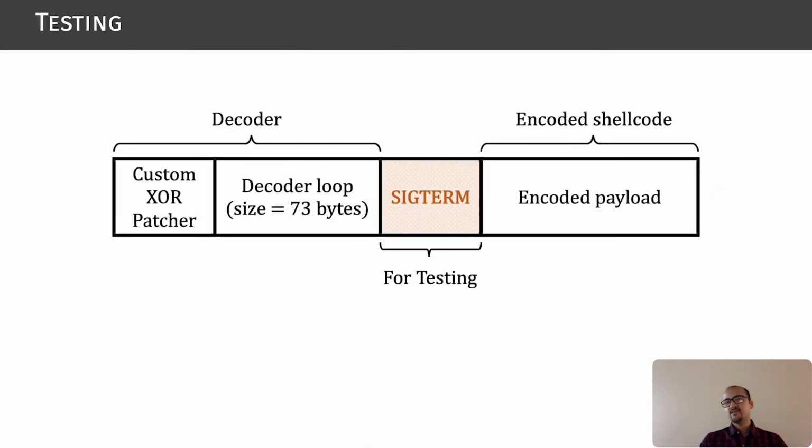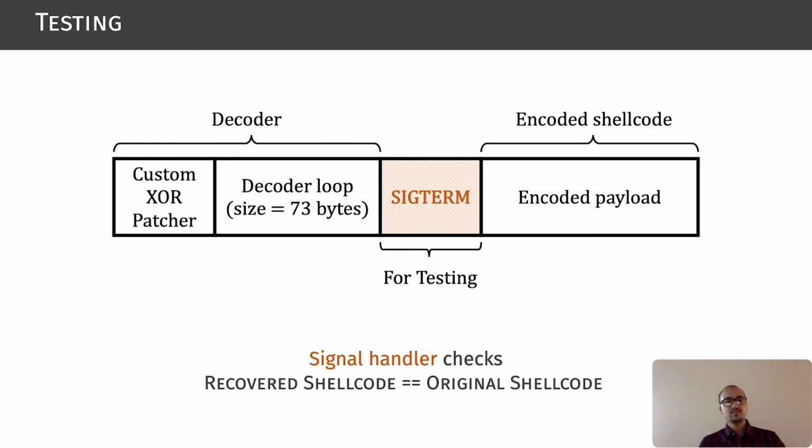Now to test the correctness of this approach, we take the original sequence and insert a small shim layer, a small sequence that essentially just raises a SIGTERM whenever the decoder completes its recovery of the original shellcode.